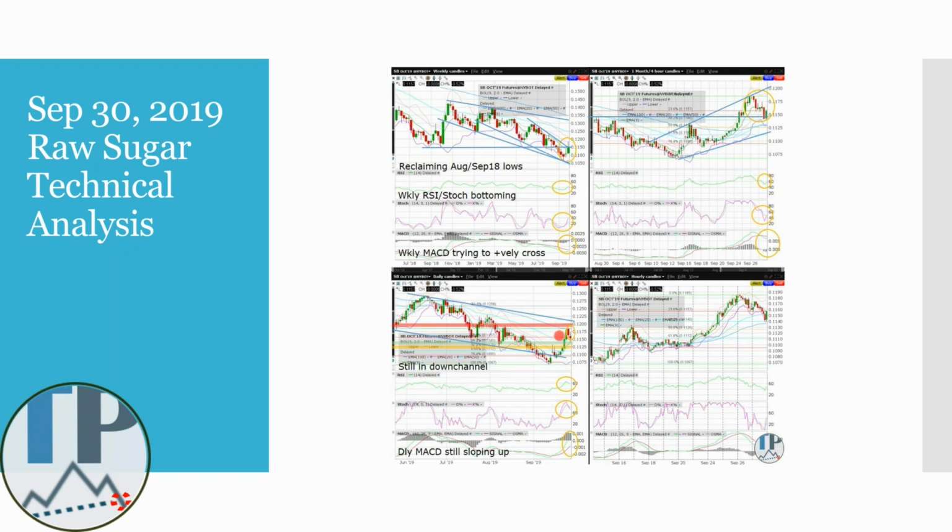And although raw sugar in the day or two prior to the screenshot on that Friday, those 2 days of Wednesday and Thursday, were down days, I saw this as just being healthy profit taking, in light of the fact that the daily MACD was still very strongly sloping up. And if you look at the weekly momentum indicators, they were very much bottomish at the time.